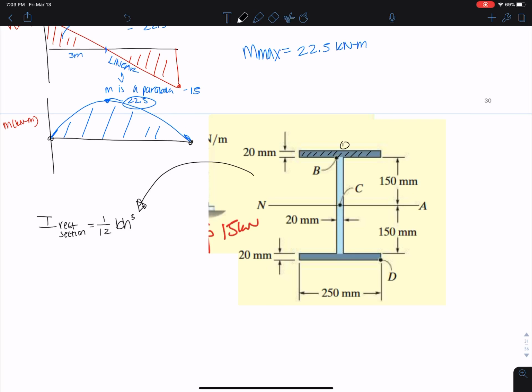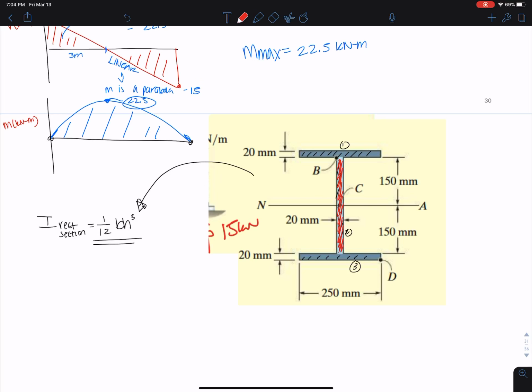This would be section 1, another section 2, and another section 3, that are all rectangles. But the trick about moment of inertia is that this formula gives the moment of inertia of a rectangular section that passes through the NA. You can see here that only section 2, which I'm going to put in red, passes through the NA. So this formula is only really valid for this section in red.